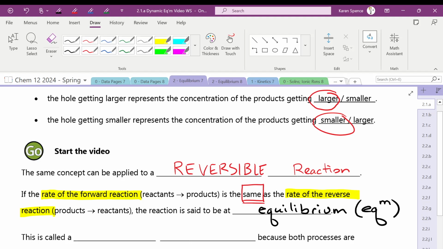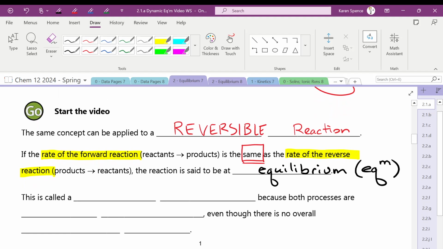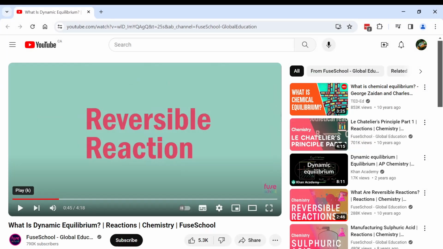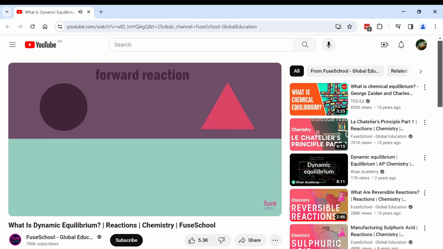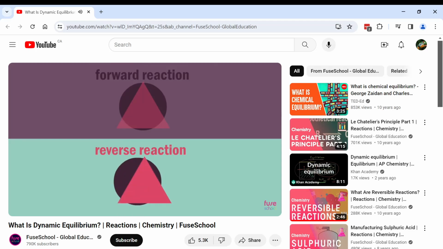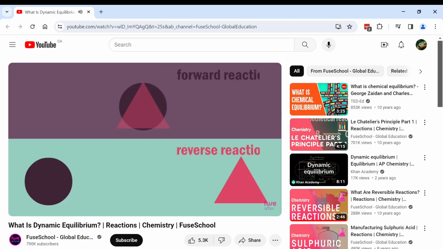I think it's called dynamic equilibrium. Let's just check. If the rate of the forward reaction, reactants to products, is the same as the reverse reaction, products to reactants, the reaction is said to be at equilibrium.